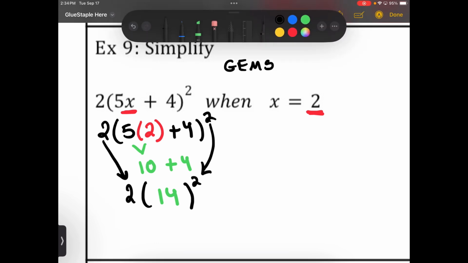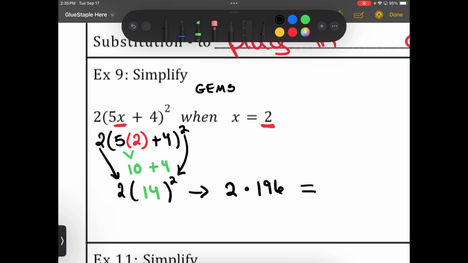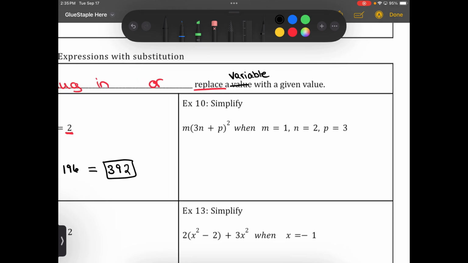So now it's 2 times 14 squared. 14 squared is 196. So that's 2 times 196. And then that very last step, multiply by 2, 392.